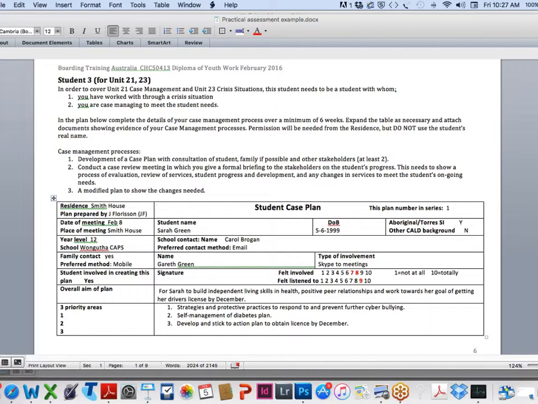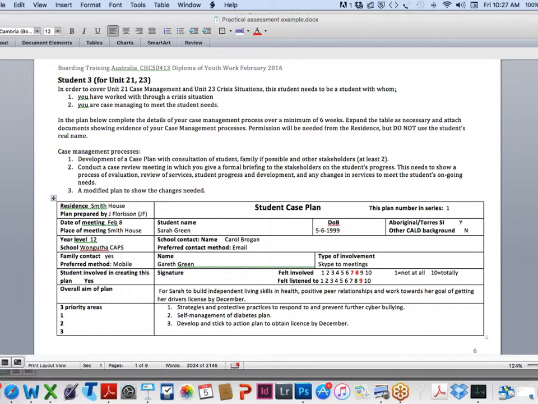And you'll note that this is also going to cover the student that you need to do this for in Unit 23. See at the top of the page there, this is covering Unit 21, case management, and Unit 23, which is a crisis situation. And in that Unit 23, you need to help a young person who's going through a crisis situation by working with them in a case management style.